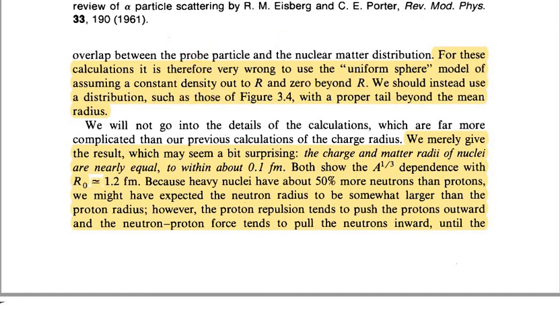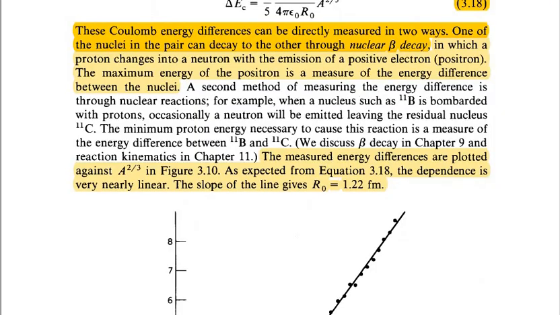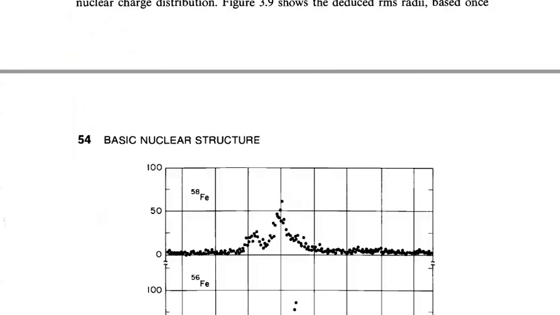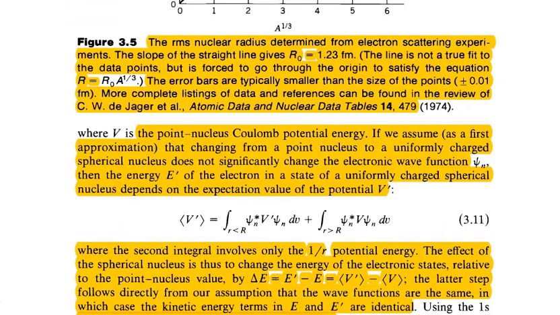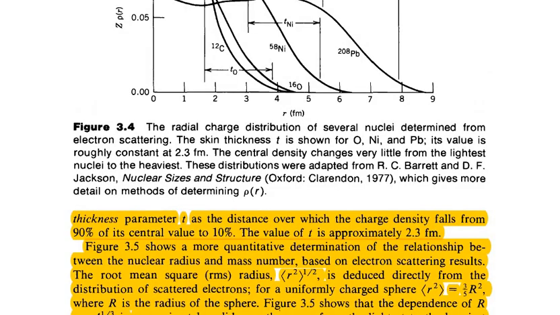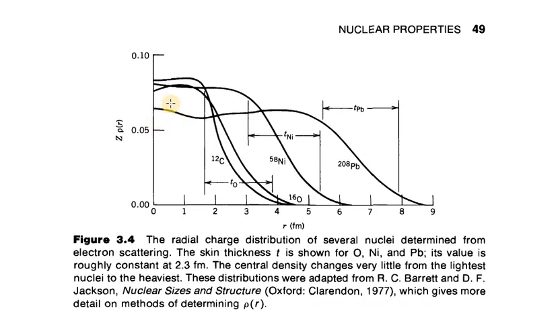In figure 3.4 you can also see that distribution, the nuclear charge. Here in this figure you can see that the nuclear charge is distributed constant throughout the nucleus, and after a certain limit the density of charged particle nucleons decreases.